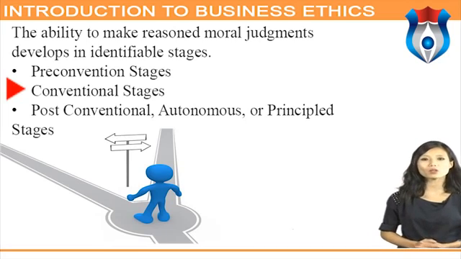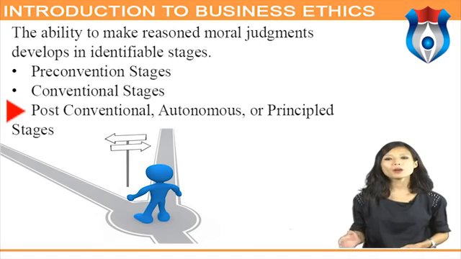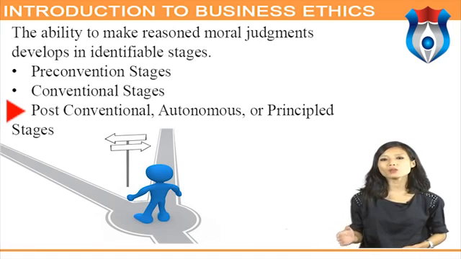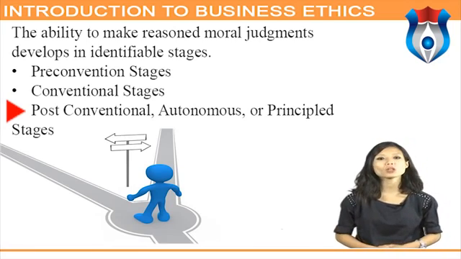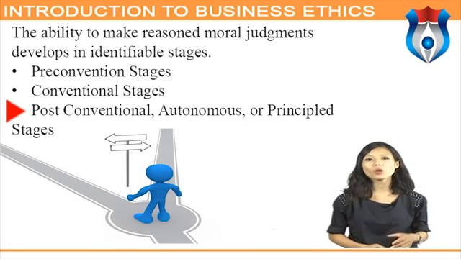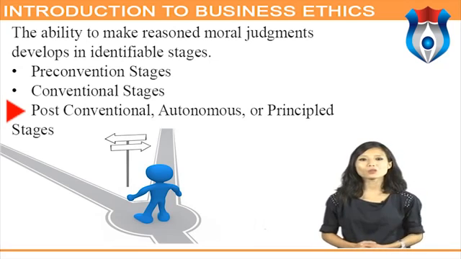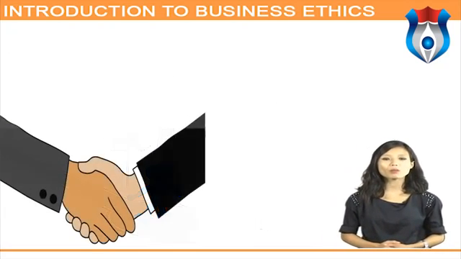Post-conventional, autonomous or principled stages. At these stages, the person no longer simply accepts the values and norms of the groups to which he or she belongs. Instead, the person now tries to see a situation from a point of view that impartially takes everyone's interests into account. Social contract orientation.